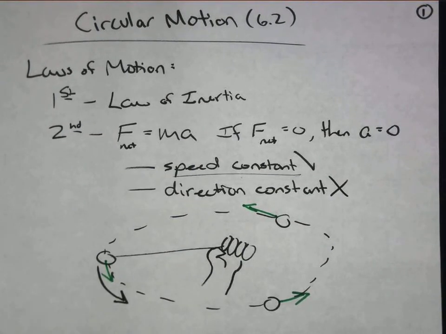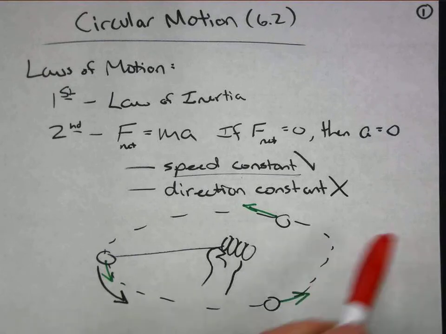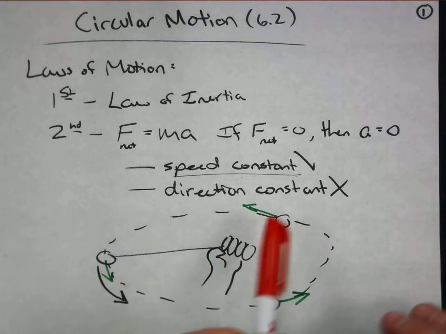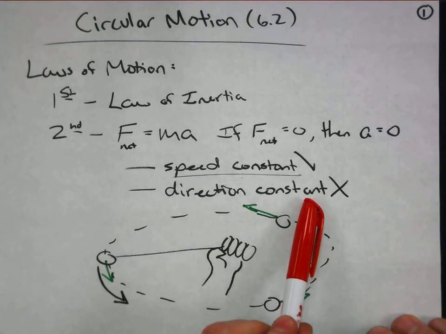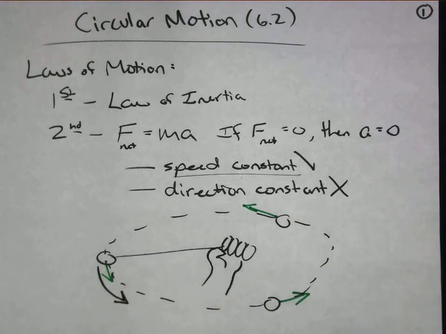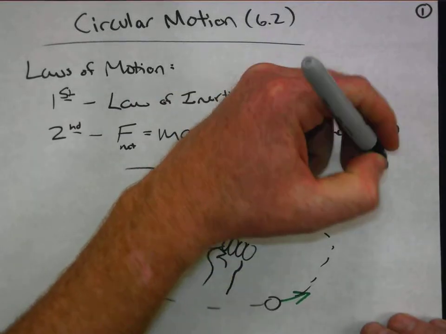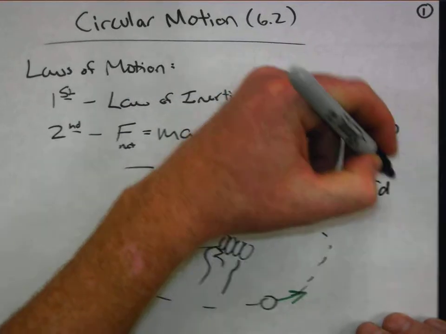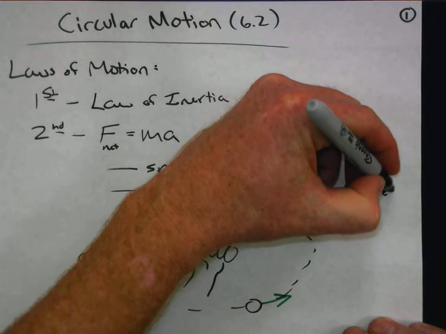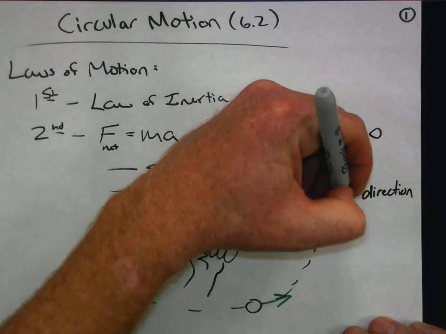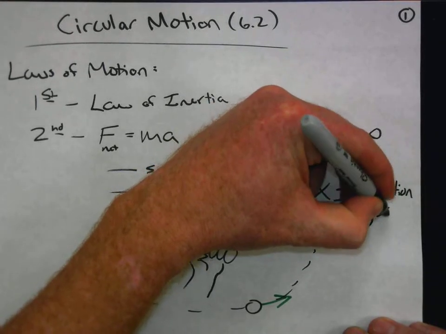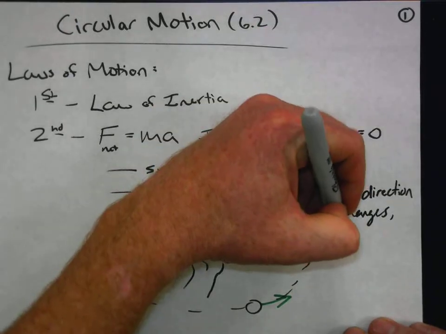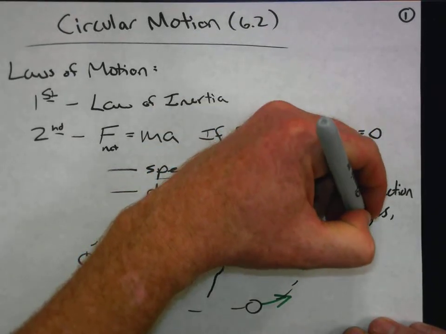We've got to look back at the previous line here. If direction is not constant, then velocity cannot be constant. The velocity must be changing. If direction changes, velocity is changing.